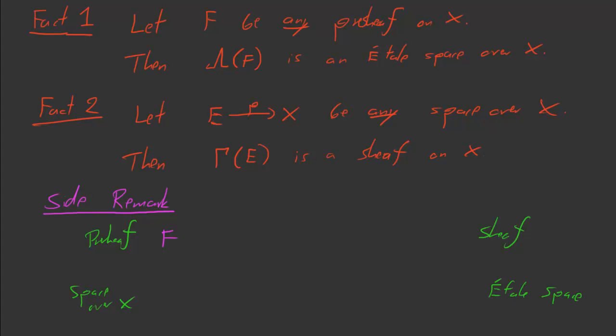So if you start with some pre-sheaf F and you map it over into gamma of lambda of F, well, we apply lambda of F, we get an Etale space, and then we apply gamma and we get a sheaf. So we've gone from a pre-sheaf F to this actual sheaf gamma of lambda of F. And we'll see later this is secretly sheafification.